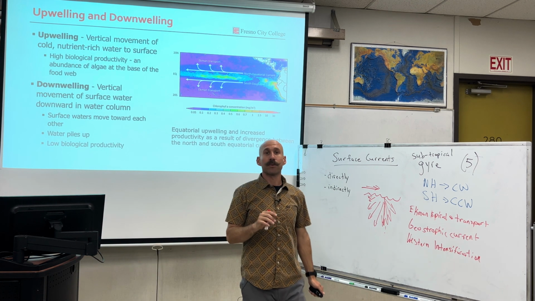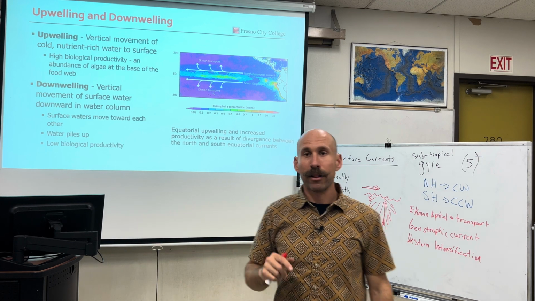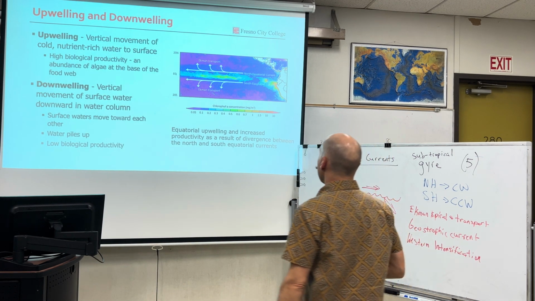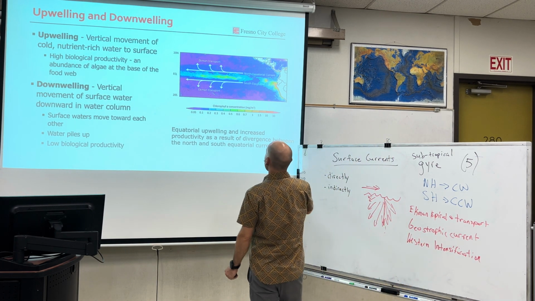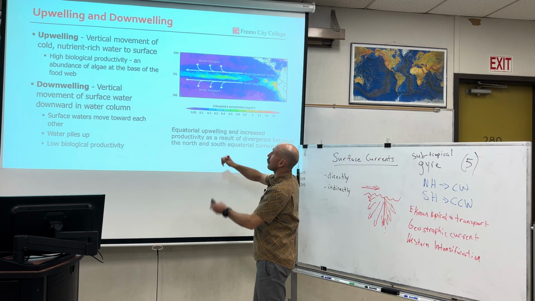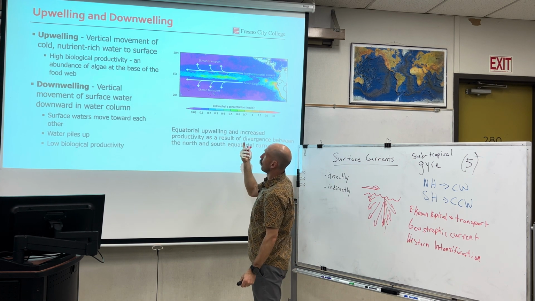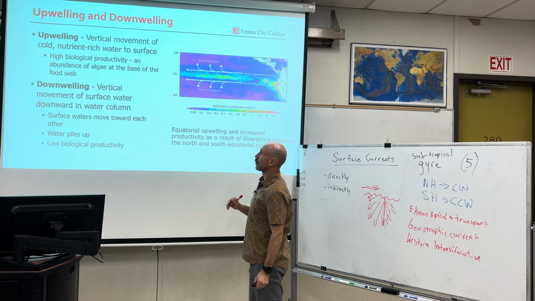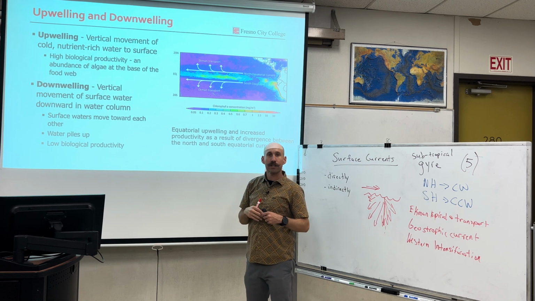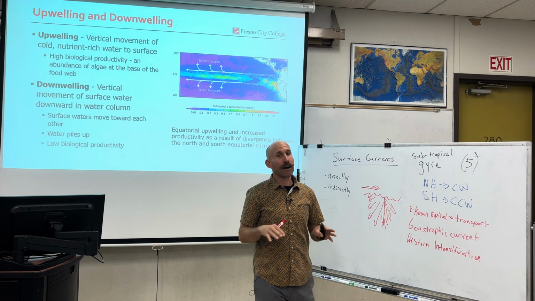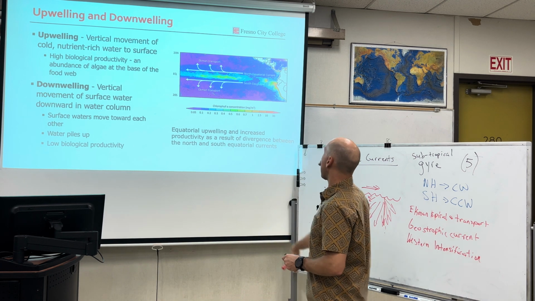These are important ones. These ones are wildly important for biological productivity. There are areas where Ekman transport causes divergence, which allows for upwelling to occur. In other areas, Ekman transport causes convergence, which does not allow for upwelling and creates downwelling.